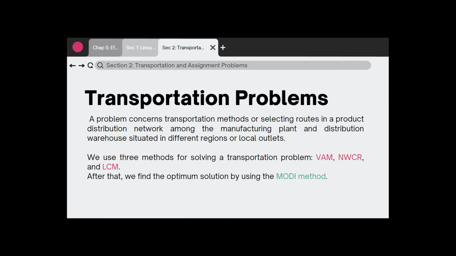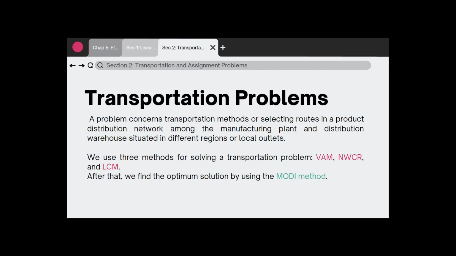Transportation problem. A problem concerns transportation methods or selecting routes in the product distribution network among the manufacturing plant and distribution warehouse situated in different regions or local outlets.